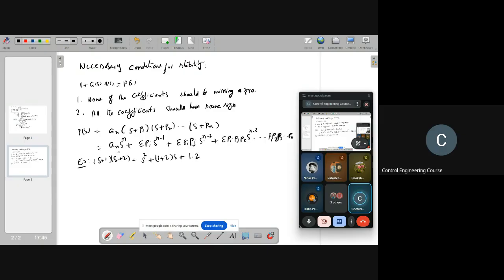Like that, if it has another term like s plus 3, then it will be s cube plus the sum of all three, p1 plus p2 plus p3, into s square, plus the sum of products of two terms into s, plus the product p1 p2 p3.